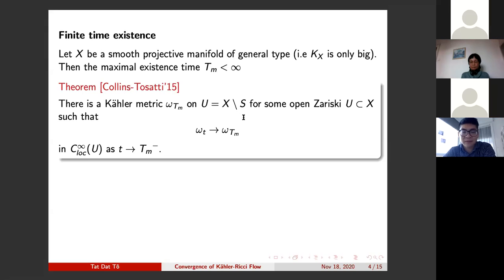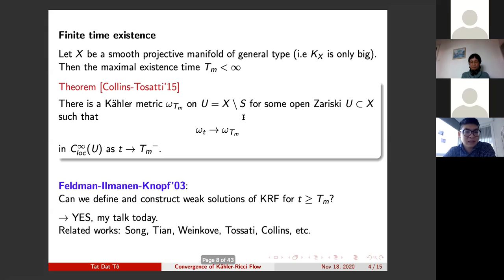So this is a very interesting result. And this result of Collins-Tosatti gives an answer to a question of Feldman-Ilmanen-Knopf in 2003, that the Kähler-Ricci flow will develop singularity at the maximum existence time outside a closed Zariski set. So it is an answer to one question of Feldman-Ilmanen-Knopf.